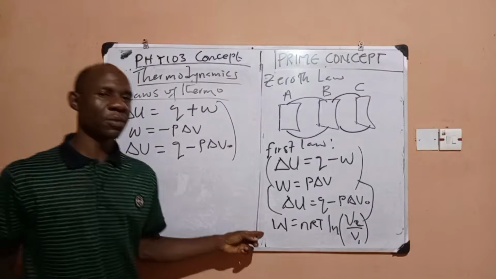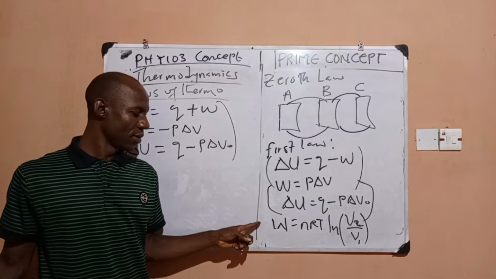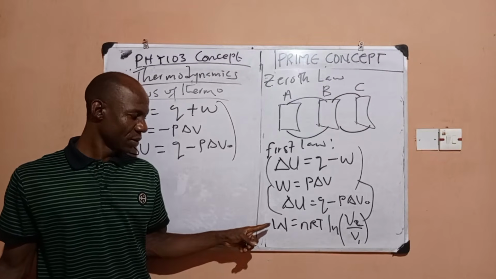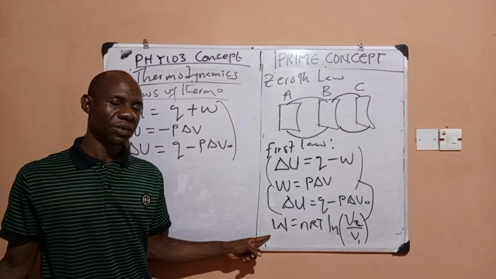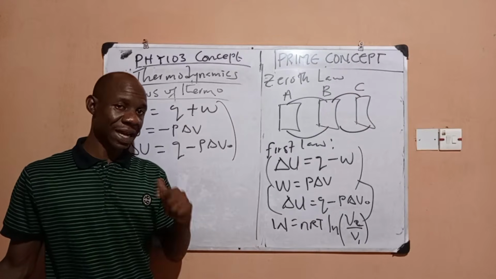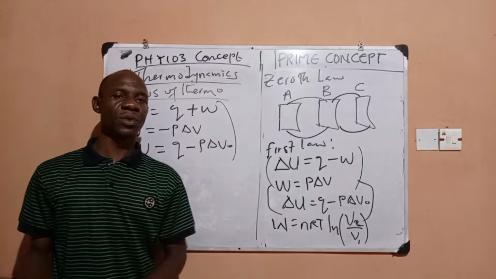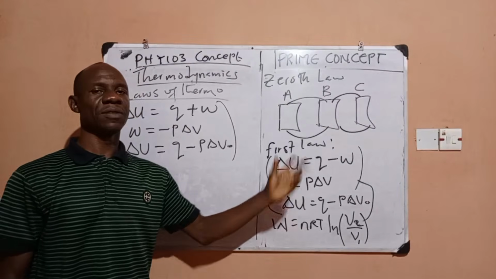This particular formula is only used for reversible isothermal process. Write it. I don't want to write. It's used for reversible isothermal process, while this one is used for irreversible processes.